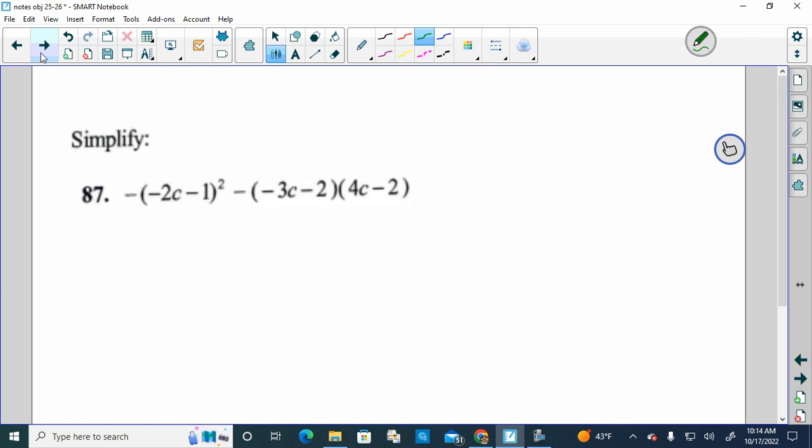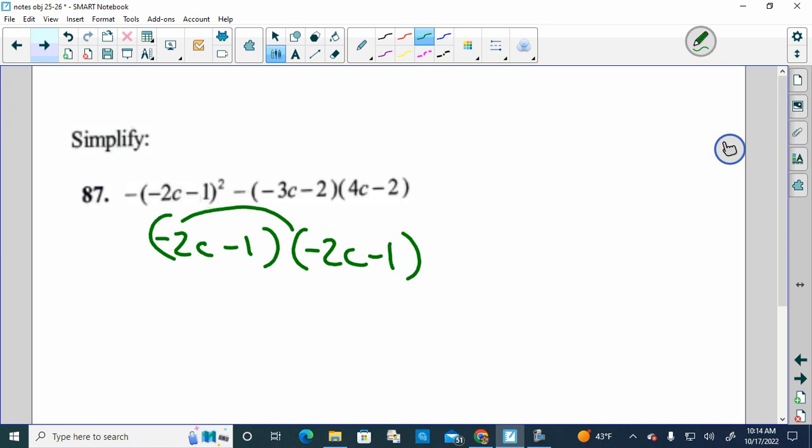Order of operations tells us to take care of exponents first. So we have an exponent here, so what do we need to do with this term? We need to write it twice. So I have a negative 2c minus 1 that I'm writing twice. I'm going to go ahead and distribute it, and then work my way through the rest of it. So negative 2 times negative 2 would be a positive 4c squared.